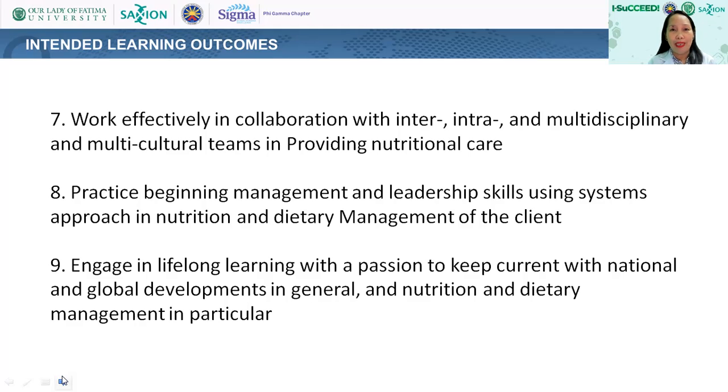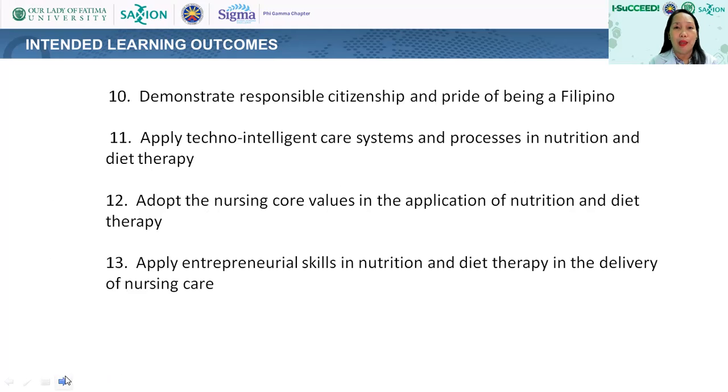To practice the beginning management and leadership skills using systems approach in nutrition and dietary management of the client. To engage in lifelong learning with passion, to keep current with national and global developments in general, and nutrition and dietary management in particular. To demonstrate responsible citizenship and pride of being a Filipino.